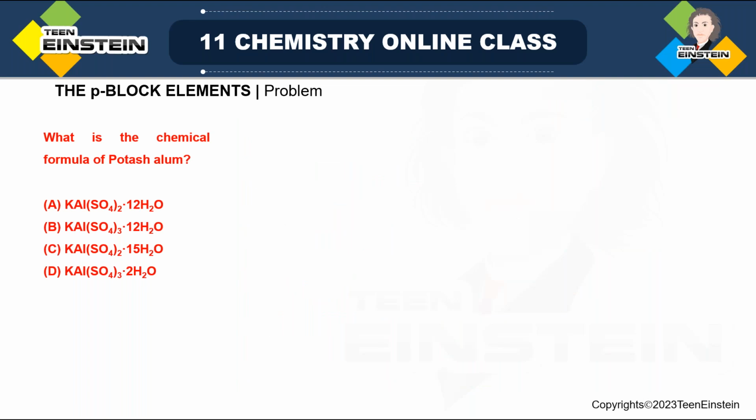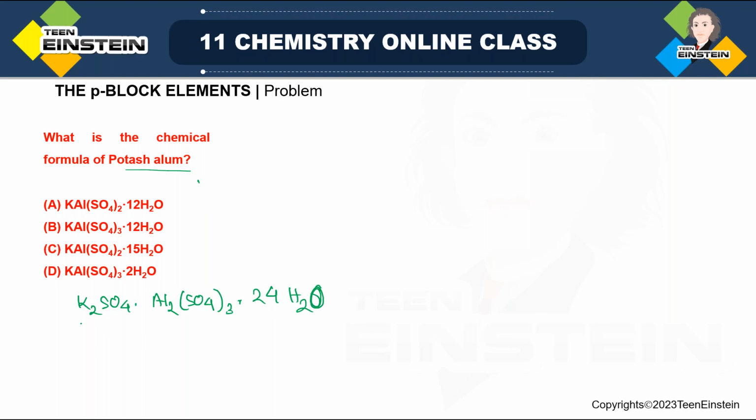Related to potash alum, we have this question. What is the chemical formula of potash alum? So remember, if you actually write the formula, the first formula that we have seen is K2SO4.Al2(SO4)3, simply as if I am writing two individual salts with a dot sign, and then there is 24 water. But here we do not have 24 water.